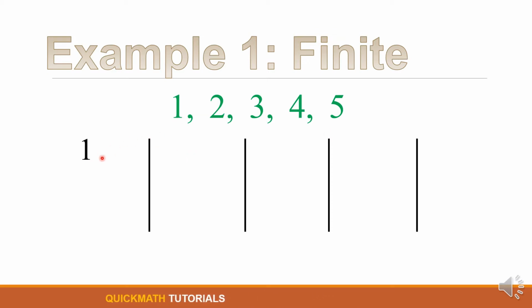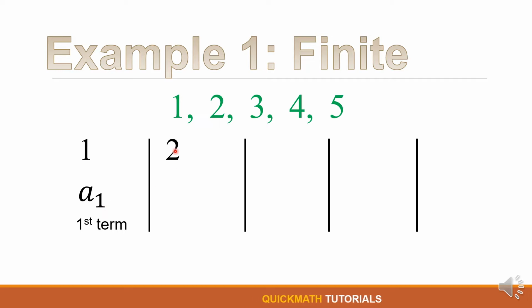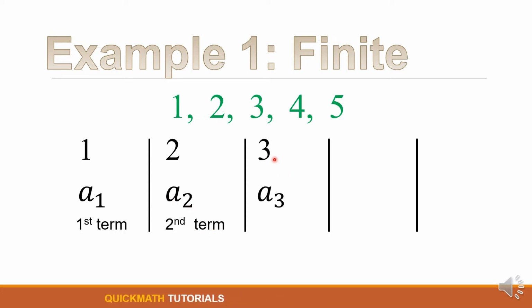The term 1 is what we call the first term, or in symbol we have a sub 1. Then 2 is our second term, or a sub 2. And 3 is our third term, or a sub 3.